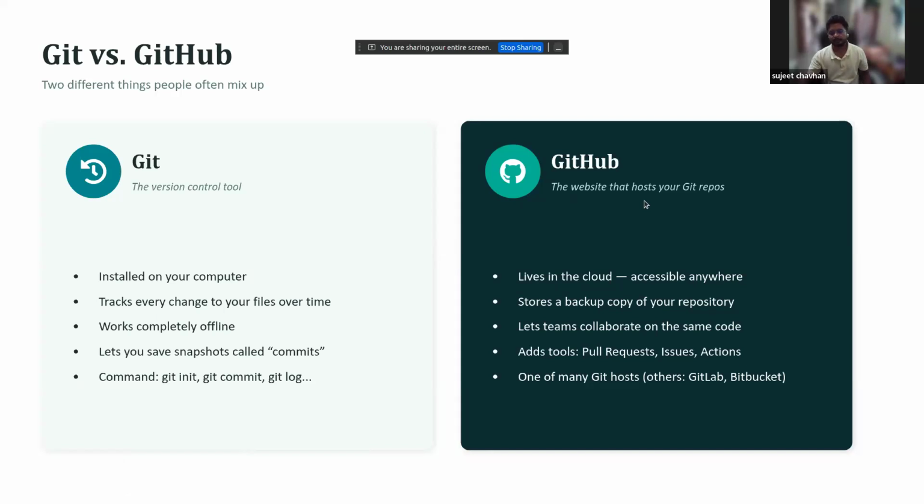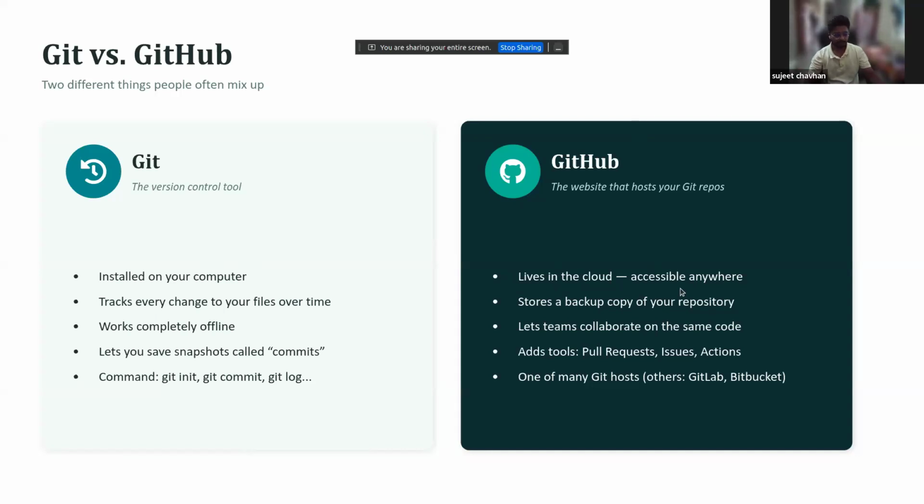Similar to GitHub, there are multiple websites like GitLab and others that can host the repo. GitHub is one of those. Whatever changes we make to Git locally, we can push to GitHub. Then it will be saved on a server somewhere else. So it lives in the cloud and it's accessible from anywhere.